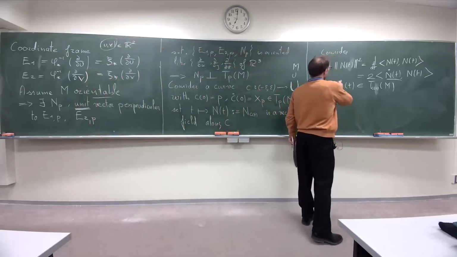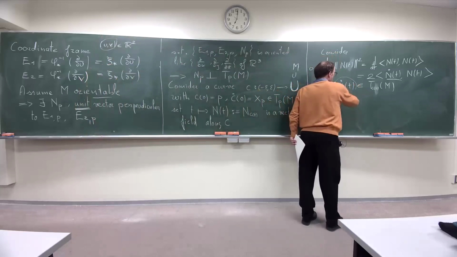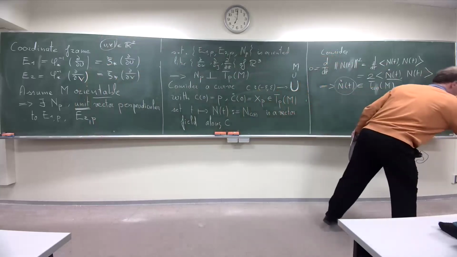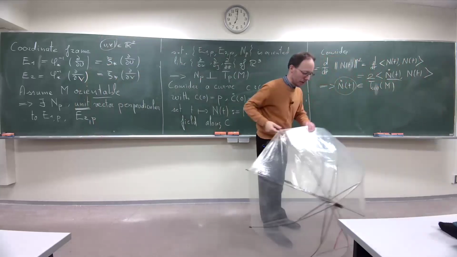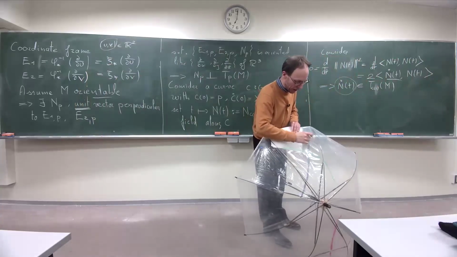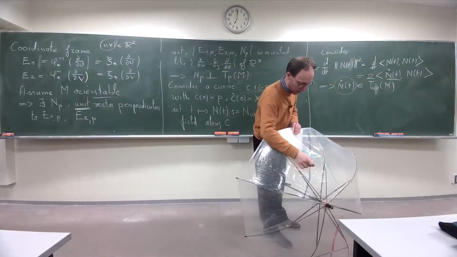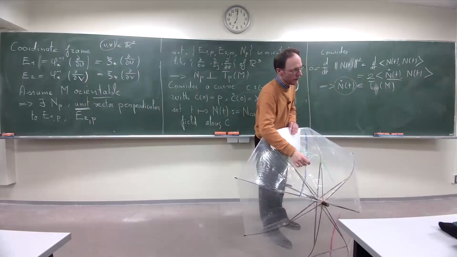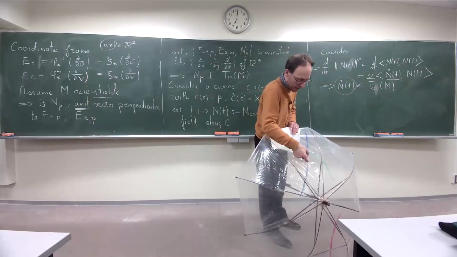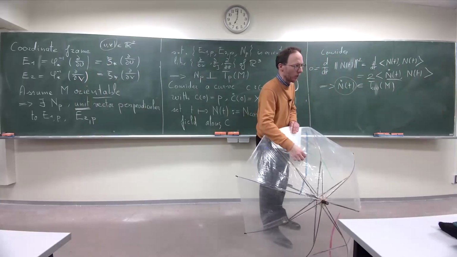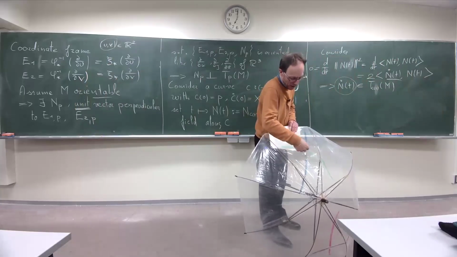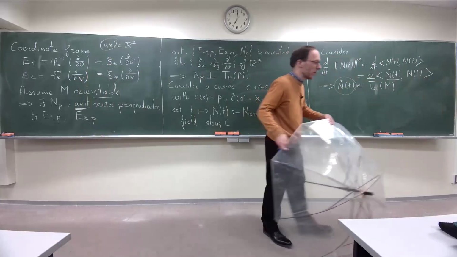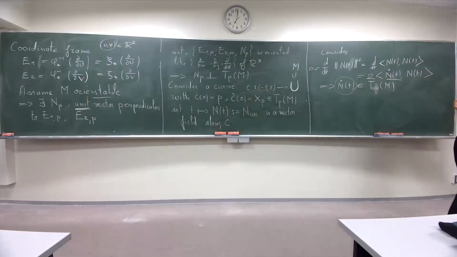But look, this depends. So we have this curve. I have the vector field, which is perpendicular, and I take a derivative, and it turns out that the derivative is on the manifold. But of course, if you change the curve, it's going to be a different one. So it also depends.